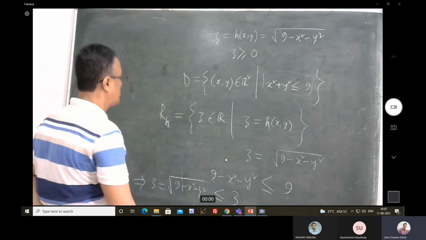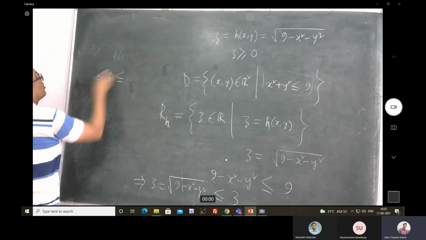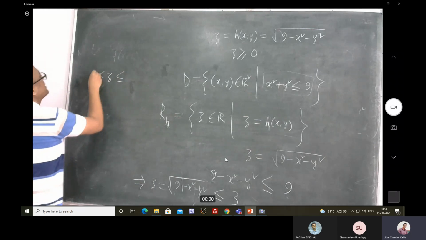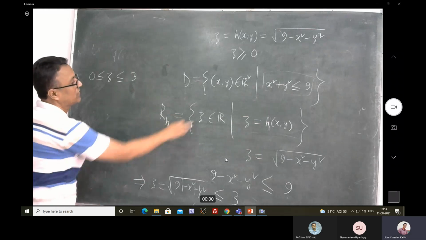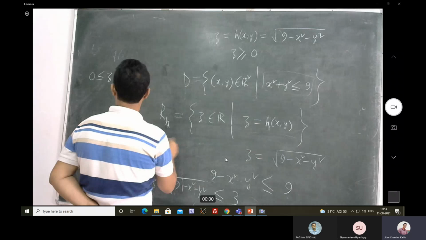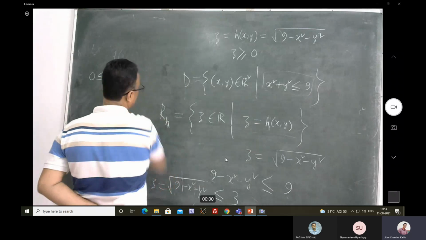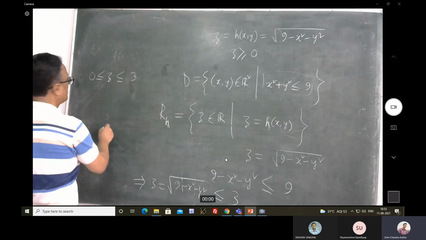Okay, fine. So the range of this function is simply this interval.